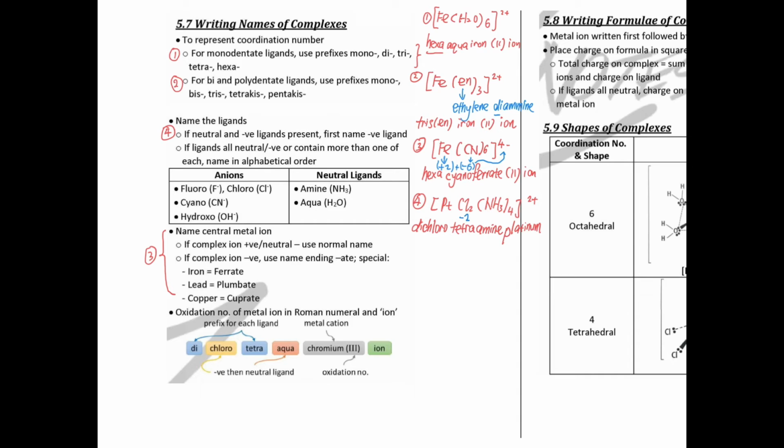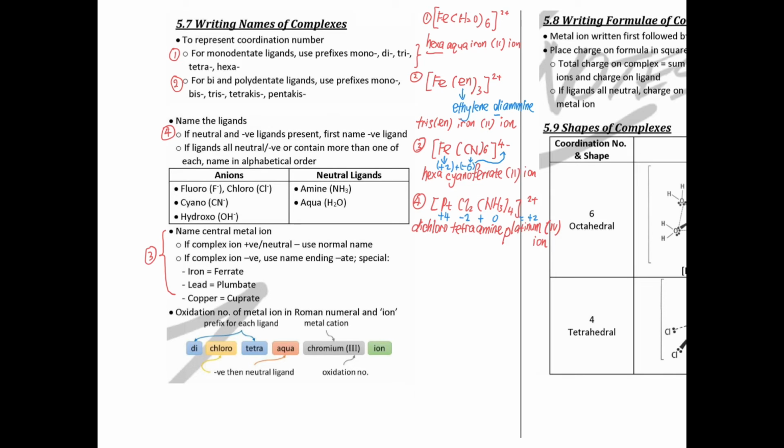So 2 chloride is -2. Amine is neutral. So you want to have an overall charge of +2. So platinum has to take +4 then. So because of that, platinum(IV) ion. So that is number 4. Okay, so this is rule number 4. Remember rule number 4, if you have negative ligand, name negative ligand first, followed by neutral ligand.